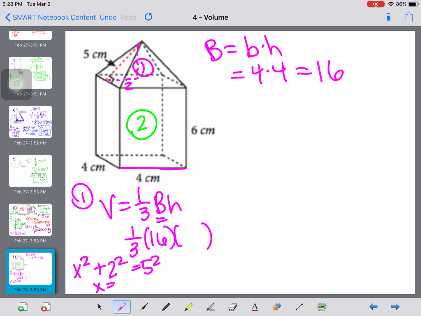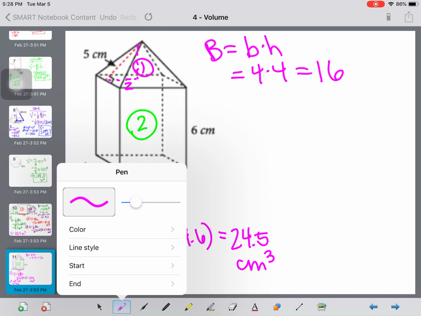And I get that my x is 4.6. So the height is 4.6 here. Take a second to make sure you get that. And then when you work it out and get your actual volume, you should get 24.5 centimeters cubed for just the top of this problem.